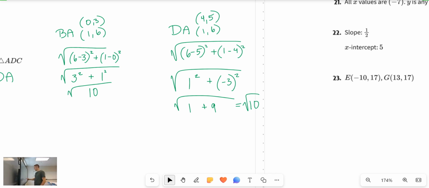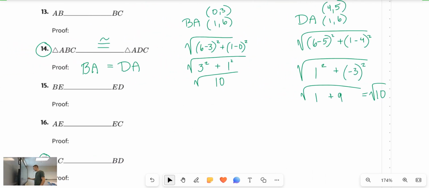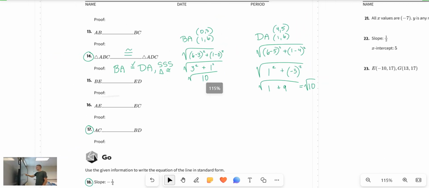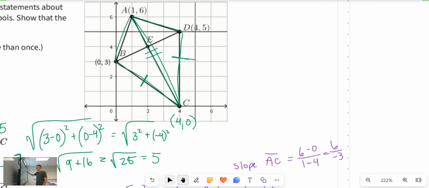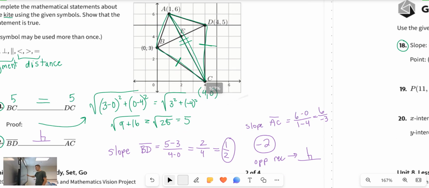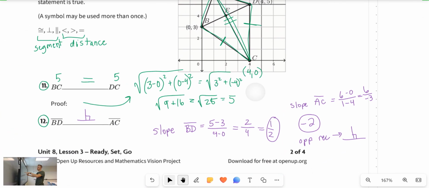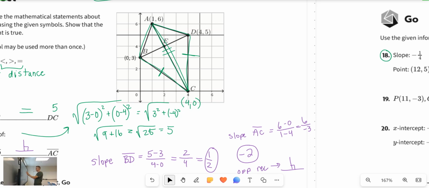All right, so we've proven that, right? So our proof is that those are both equal to the square root of 10. So then we have the triangles are congruent by side, side, side triangle congruency, right? In question 11, we proved that BC and DC were the same, right?